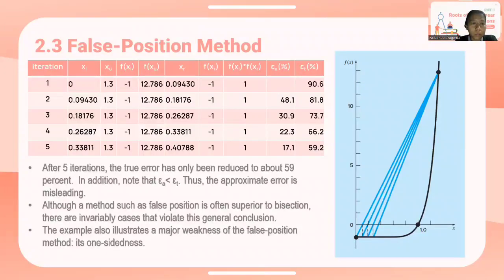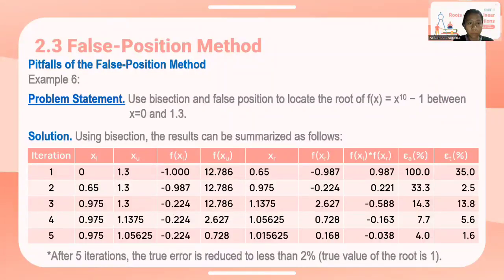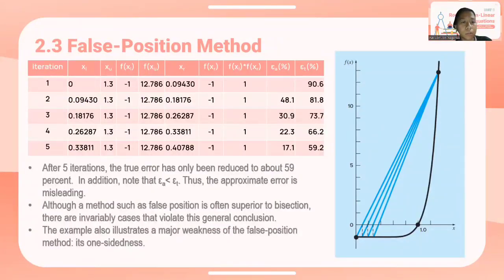So next is the solution using the false position method. The first iteration, XL equals 0, XU is 1.3, XR is 0.09430, and the function of XR is -1.